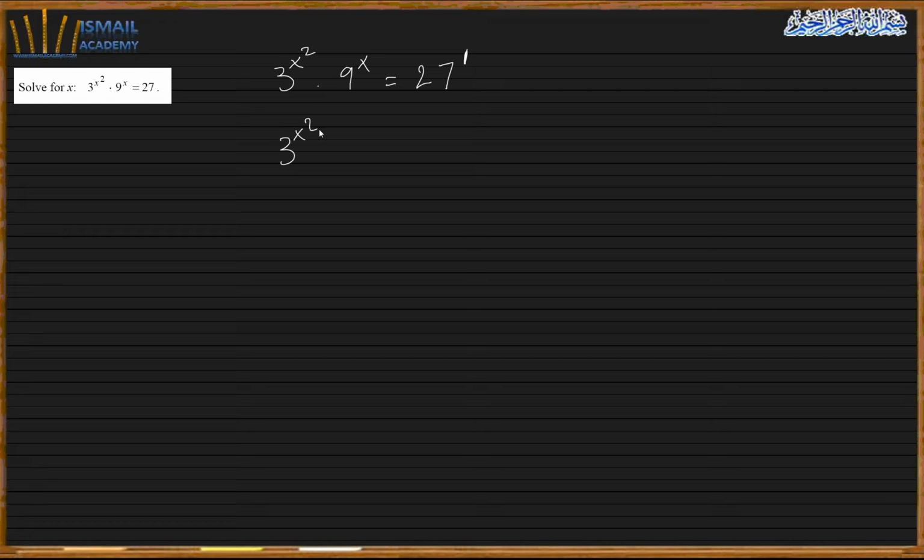So 3x squared times 3 to x, because this is 3 squared and this is 3 cube. Now I use the property of the exponent: if I have a to the n times a to the m, it's the same thing as a to the n plus m. So here it becomes 3x squared plus 2x equal 3. Now I apply log base 3 on both sides.